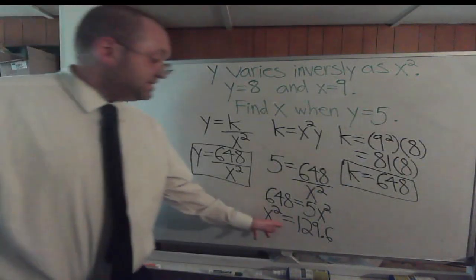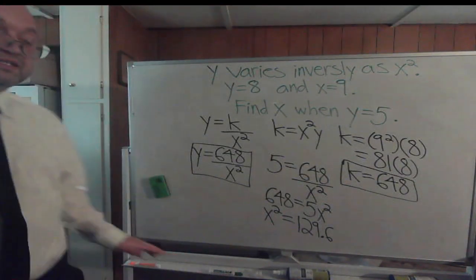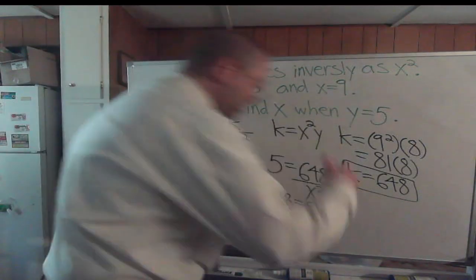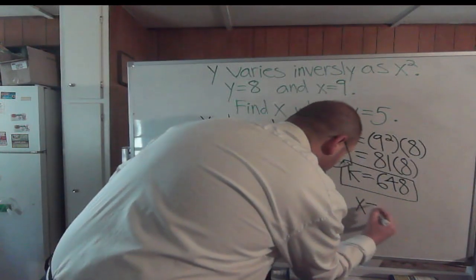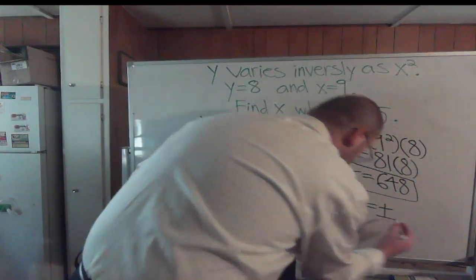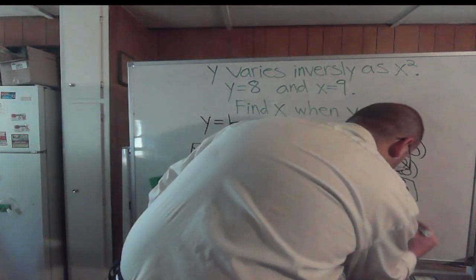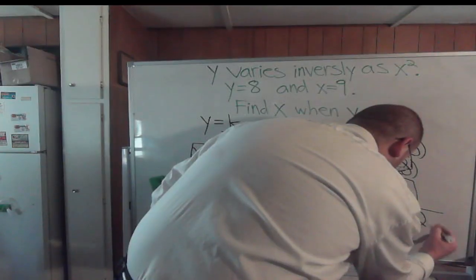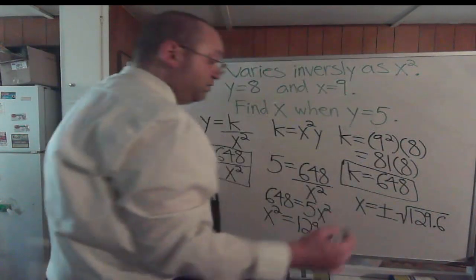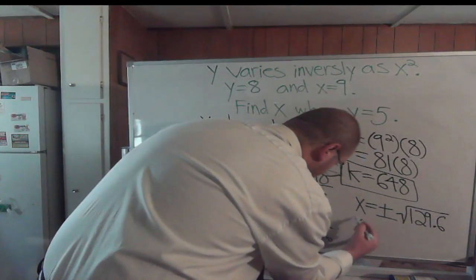Well, there's just one problem. We have x to the second. We need to just find x. So once again, you're going to take the square root of x squared, which will give you x. That'll equal, since it's a square root, plus and minus the square root of 129.6, which we're going to round to the nearest decimal place.